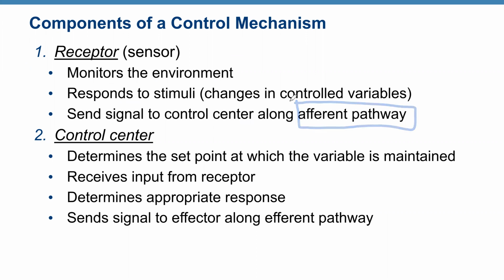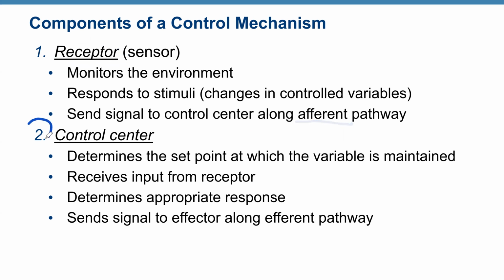So for example, if temperature outside goes up, you have sensory receptors in your skin that are going to respond to this change in temperature, and they will send signal to your brain. So receptors in your skin will send signals through the afferent pathway to your brain.